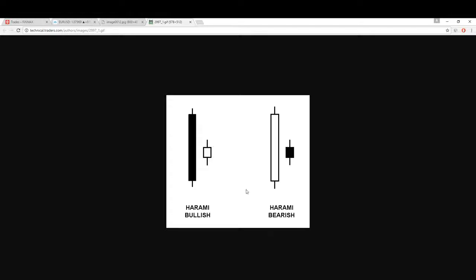And in this case, the information that the doji gives us is more significant. The longer the legs, or the longer the shadows of the doji, the more significant it is for a change in trend.